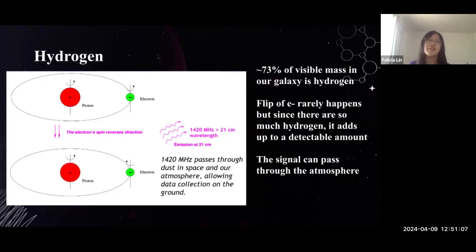This is a radio wave that can pass through the atmosphere of the Earth, which makes it really convenient for amateurs or anybody to detect right on the ground on Earth.